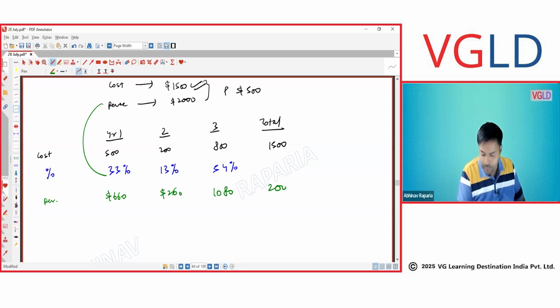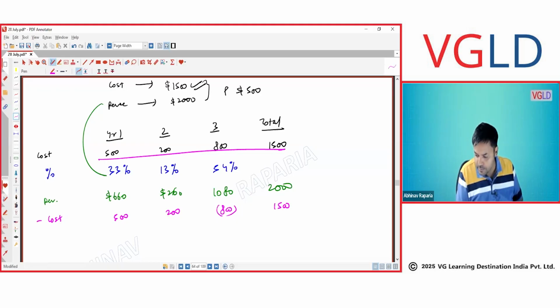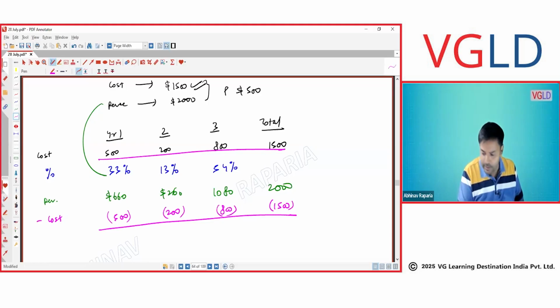Cost we already know. This is the cost, 500, 200, 800. Total is coming 160, 60, 280. If you take the total, it's the same, 500.